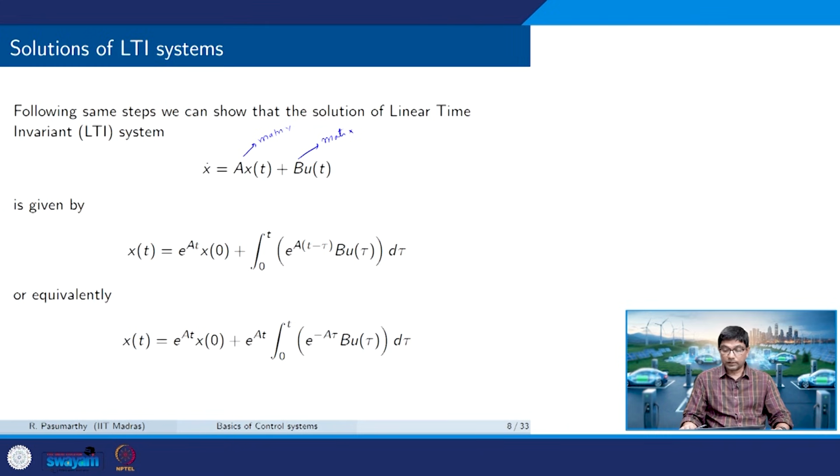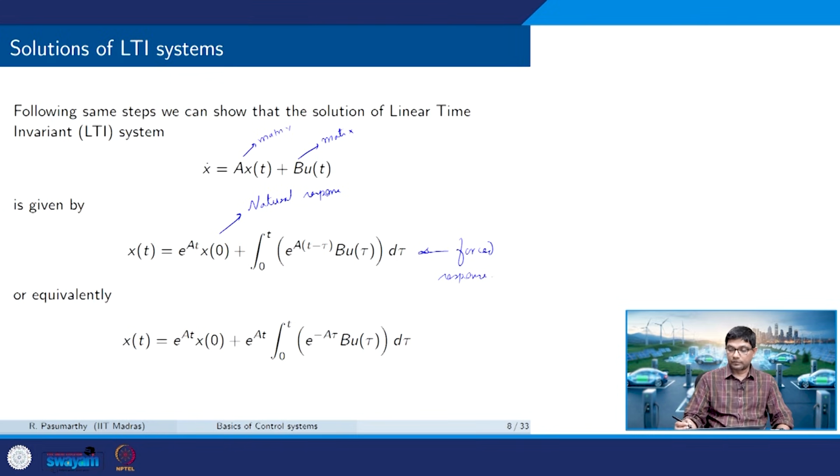So my solution now, x of t, is again something to do with the natural response, when there is no input to the system, which is also called the impulse response, and then the forced response, when there is certain input to the system.